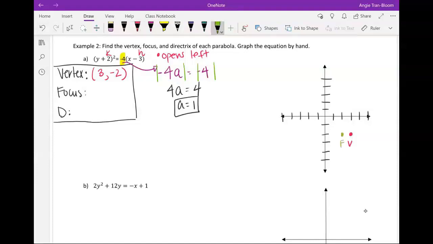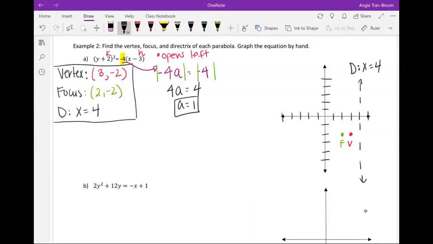I can find that location right away. That's 2, -2. The directrix is 1 unit, aka a unit. So here's the directrix. X equals 4. X equals 4. Okay.